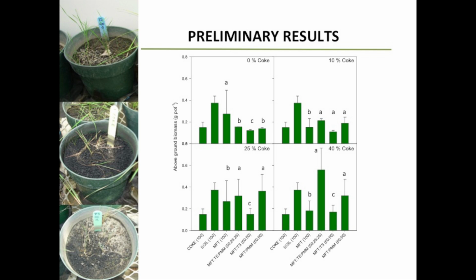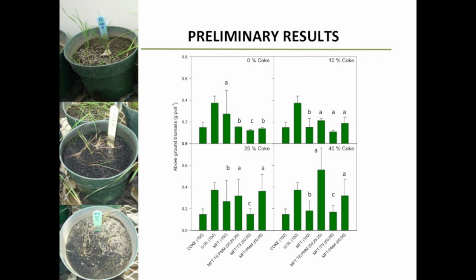We only found significant difference on the treatments, but not on the coke rate. And here you can see some of the mixes performed better than others, but some of the coke rates didn't show any significant difference between them. It's not, only with treatments.